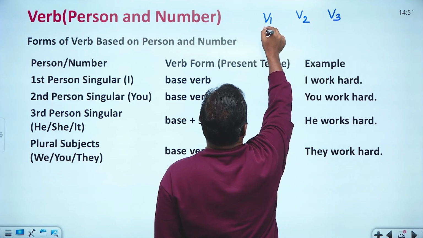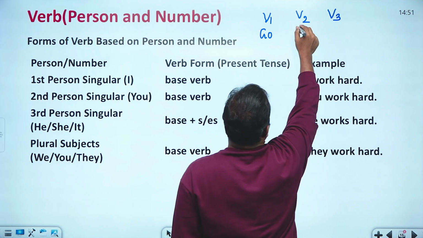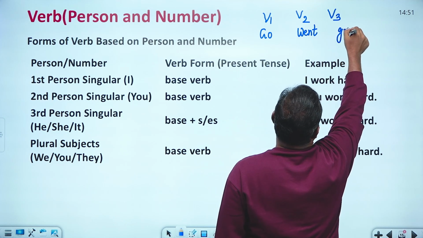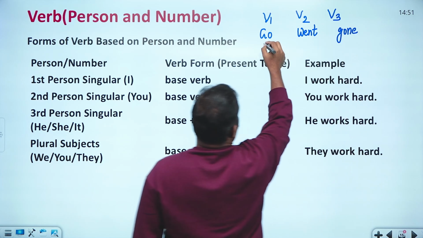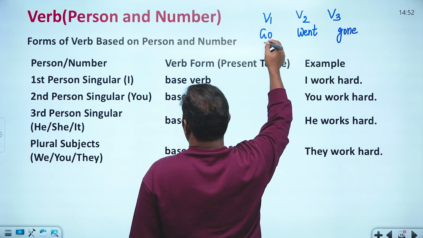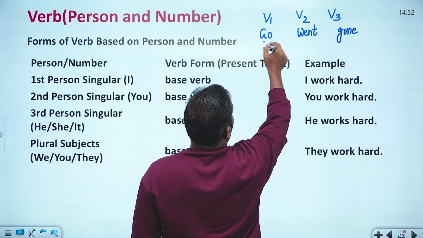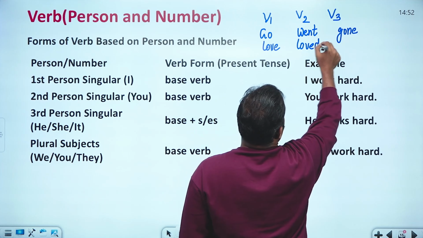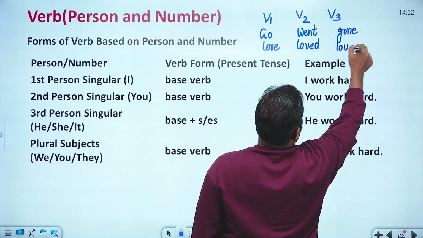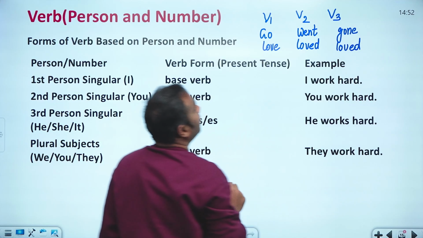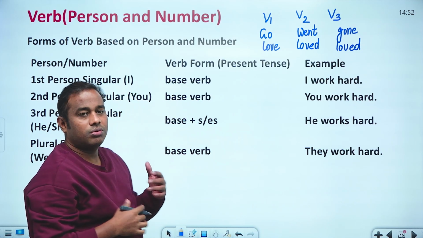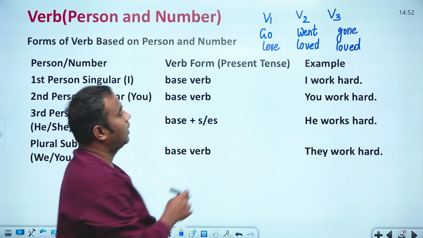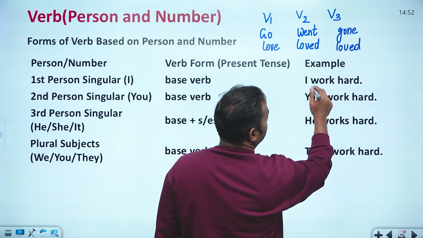For example, go, went, gone. Then love, loved, loved. Likewise you can do some conjugations here. So what is the base verb here? I work hard.